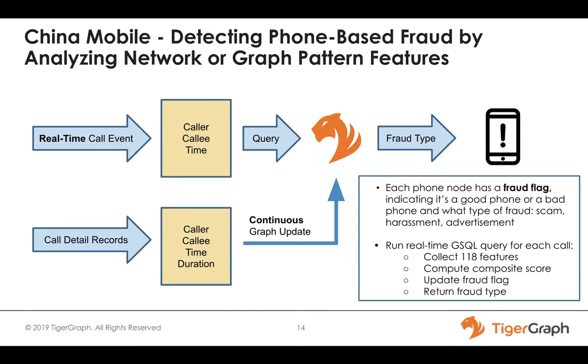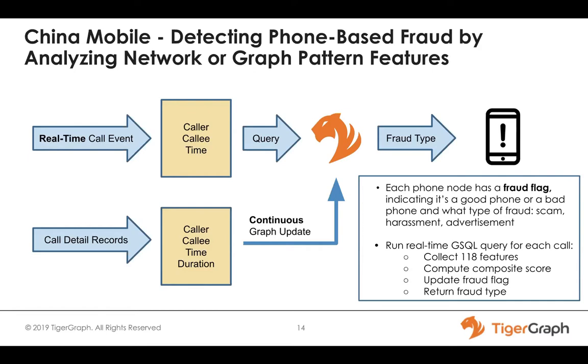If there is a fraud flag that already has the indication, you can automatically output to the phone system that it is a fraud call. If the fraud type is not determined yet, in real time it will be determined through the machine learning model and the graph features collected.